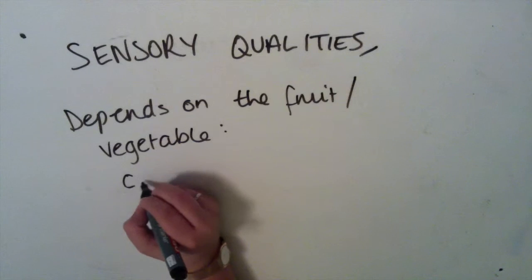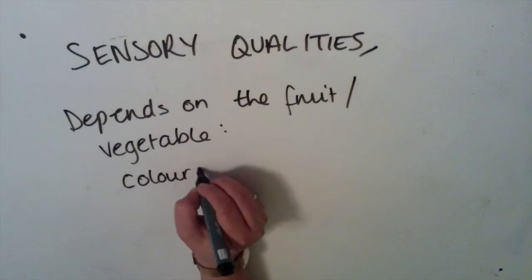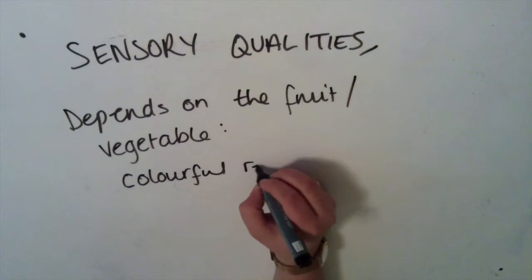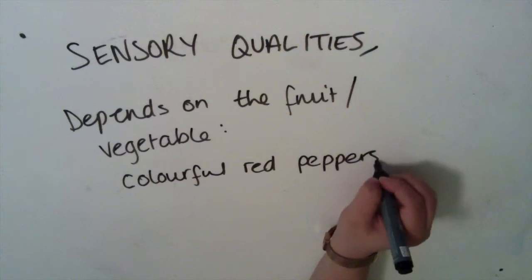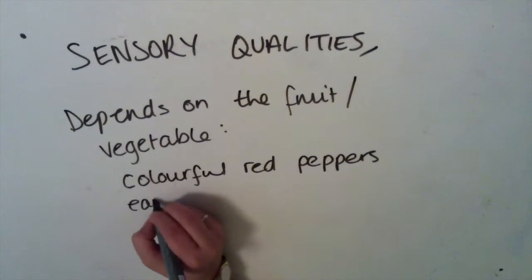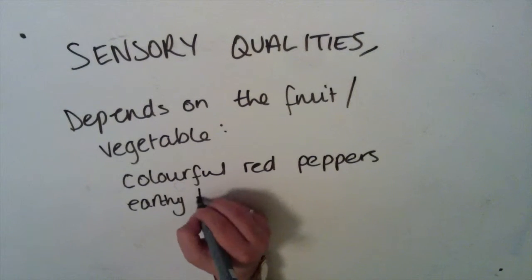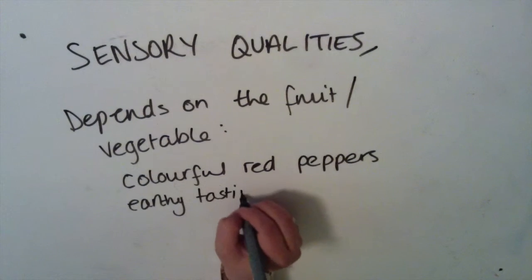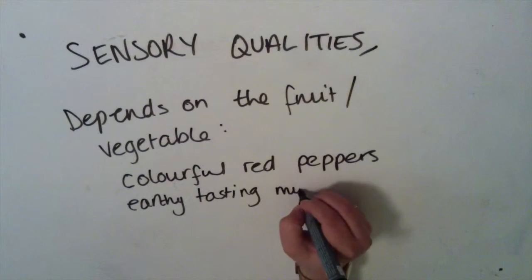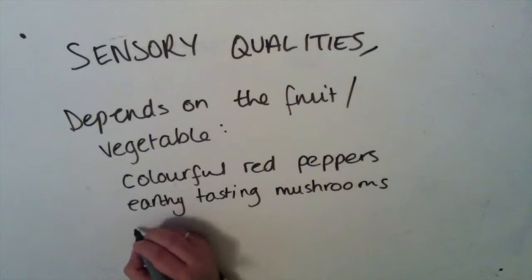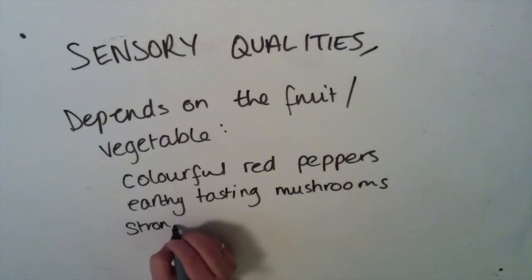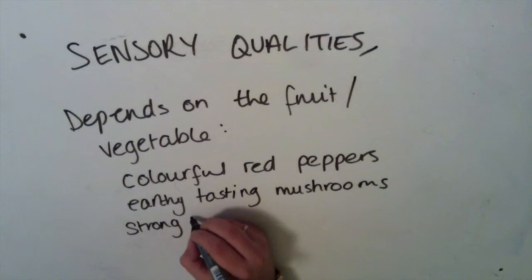So for example, garlic's going to give you a strong flavour, but it's not going to add any colour and not really add much texture. Something like mushroom, they're going to give a really, really earthy flavour, but they're actually going to give quite a bland appearance because they're not going to add a nice, bright, colourful colour. So it absolutely depends on the type of fruit or vegetable. You need to be aware that they all have different sensory qualities, and you need to be able to talk about their different sensory qualities.